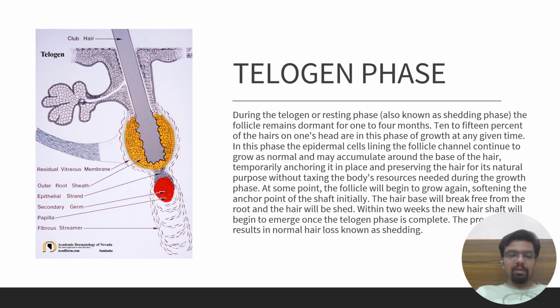Basically, there is already a hair shaft in the hair follicle which should be pushed outward and fall down. The hair follicle remains dormant for 1 to 4 months, and 10 to 15% of one's hair is in the telogen phase at any point of time.